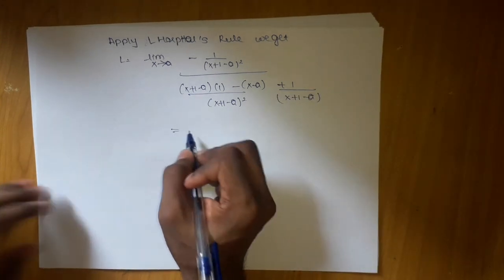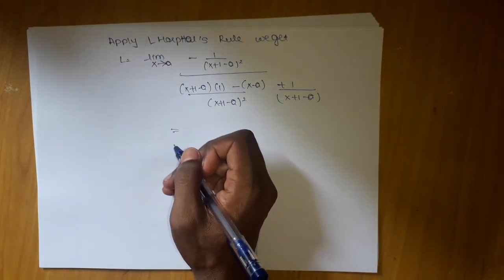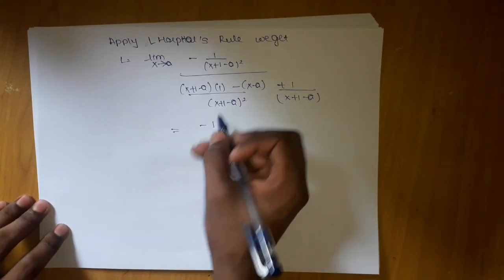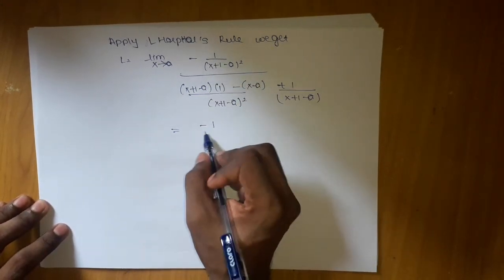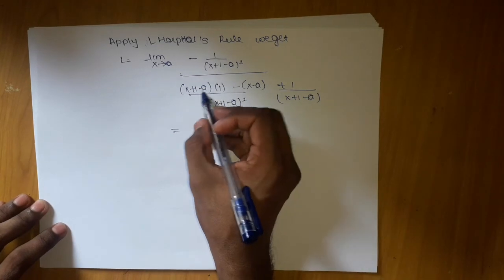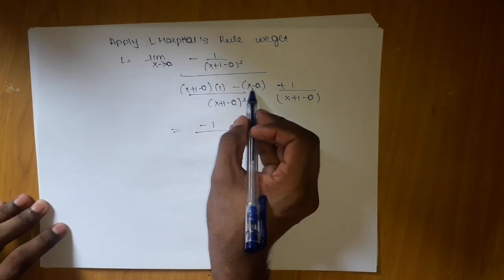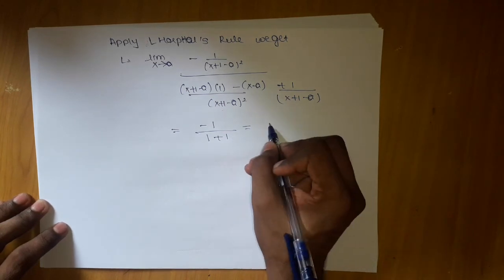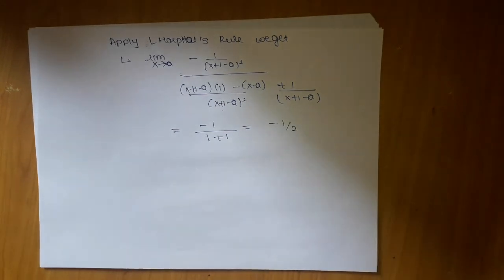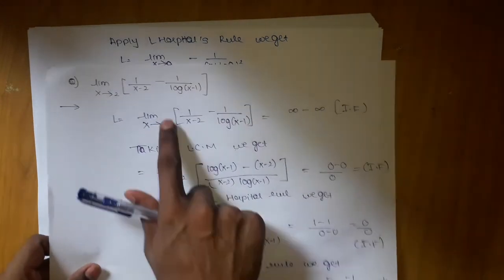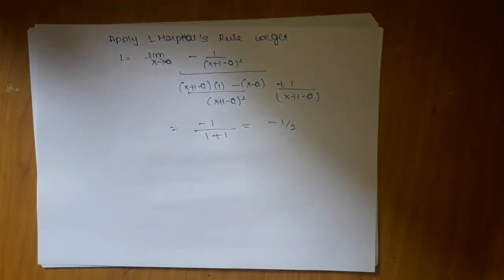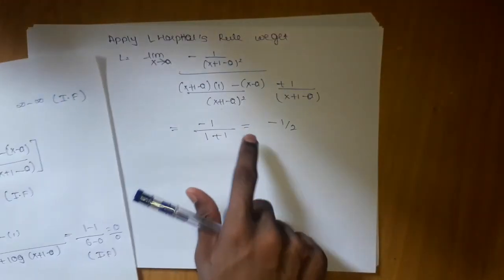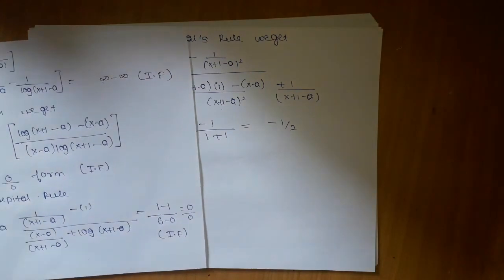If I substitute the value, the a will cancel out and minus 1 will be left, and in the denominator this will cancel out 1 and this will become 0. This will be 1 plus 1, which will give me my final answer as minus 1 by 2. If you write this and write it is equal to minus 1 by 2, you will get the complete marks.